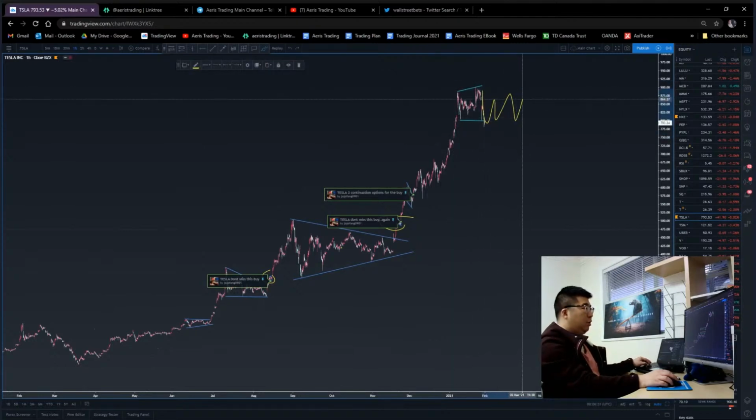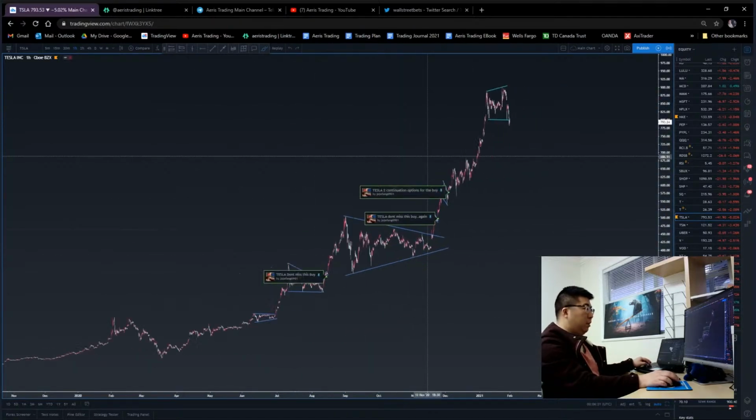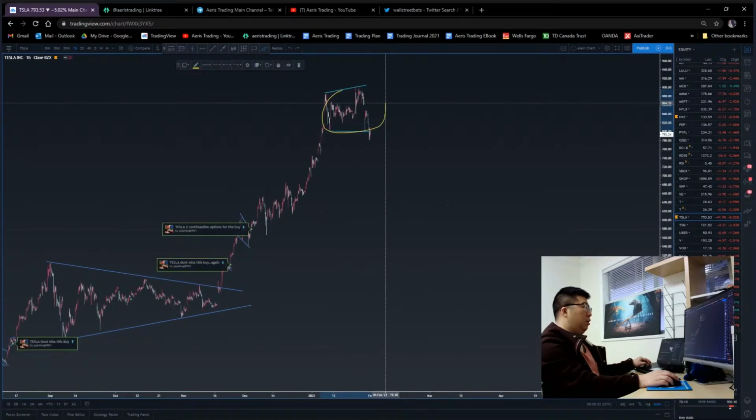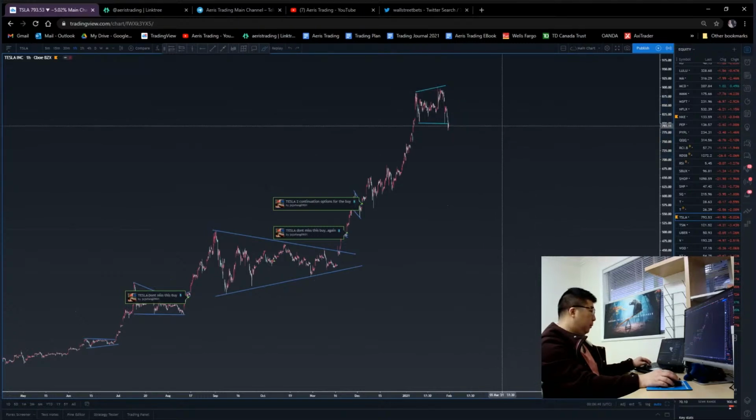I think there is potential in this area for a larger continuation, and we're likely to see further upside. All right, so that is my approach still. I still like the overall bullish move that Tesla has been in. I don't think this is all the correction it needs to correct all this move though. So expect a bigger correction if you're going to look for a buy.